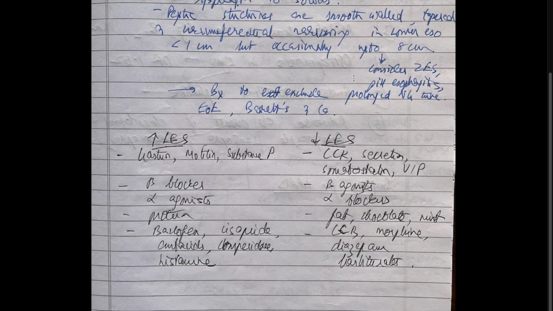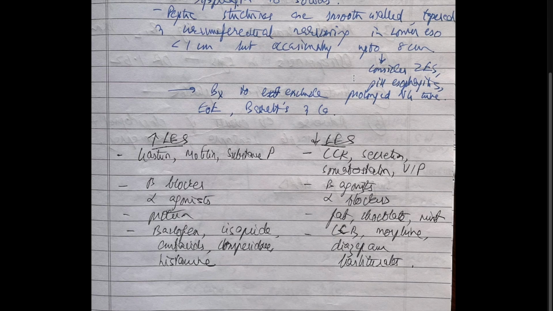Things that increase the LES sphincter pressure are gastrin, motilin, substance P, beta blockers, alpha agonists, protein intake, baclofen, cisapride, antacids, domperidone, and histamine.